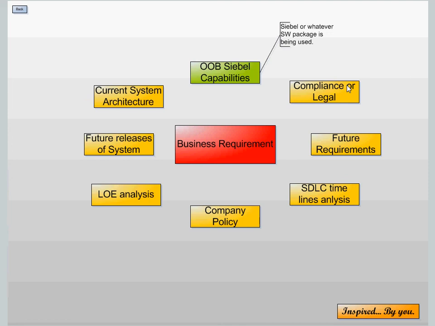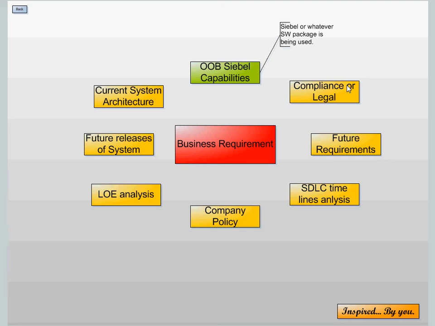There will typically be a compliance team in a company, and they would be very concerned about ensuring, especially in pharmaceutical companies, not every company, I take it back, that every system, every functionality, every deliverable is compliant with the regulatory requirements of the government.